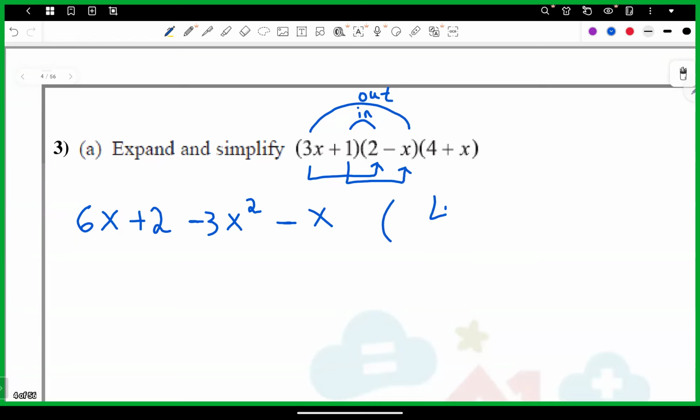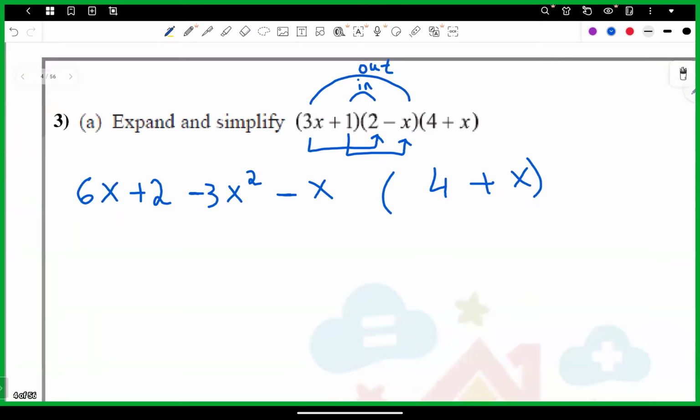Don't forget that you have to multiply this, after you combine the like terms, by 4 plus x. So 6x minus x equals how much? Bring down the minus 3x squared first. And 6 minus 1 equals positive 5x, and bring down plus 2.